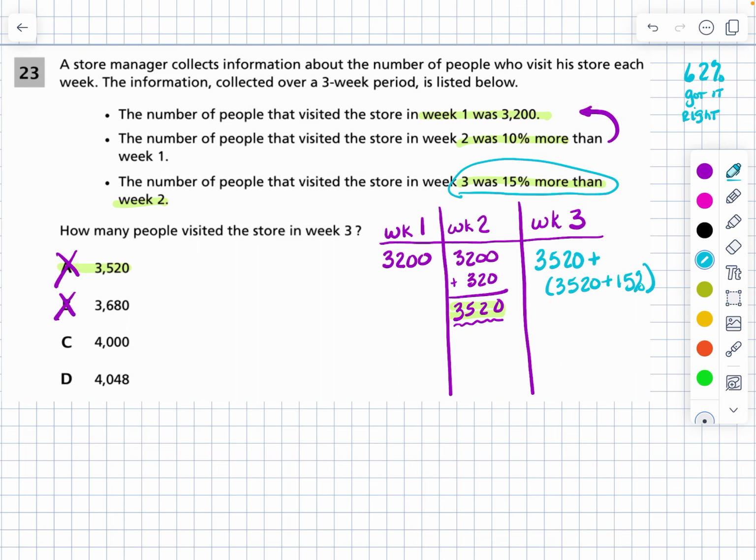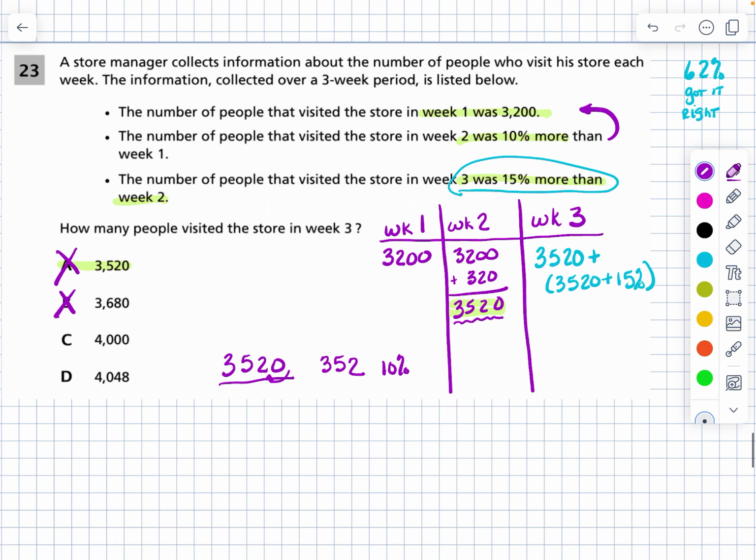We can use the 10% thing, and I'm going to show you how to do that real quick. 3,520. 10% of this number is just moving that decimal over 1, which is 352. And then 5%, because we need 15, this is only 10%, and I need 5% more. 5% is going to be half of this number, right?